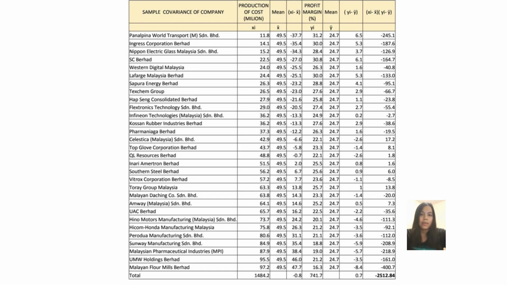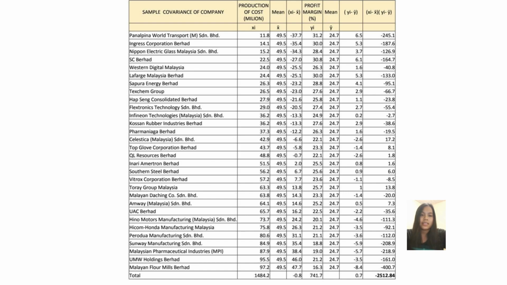And for the multiplied deviation, for each company, the product of the deviations as I calculate is deviation x times deviation y. For examples, Panamlina World Transport, Senen Berhad, deviation x times deviation y. For the deviation x, negative 37.7 times 6.48.